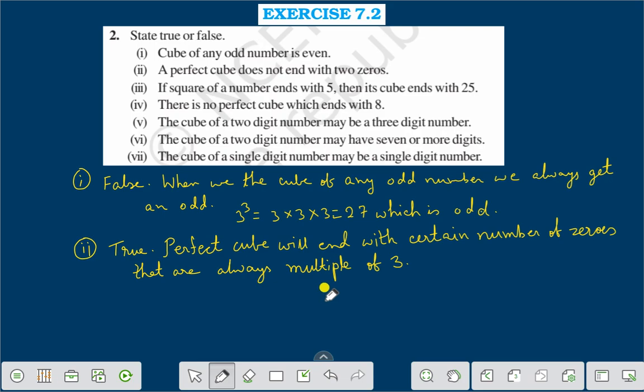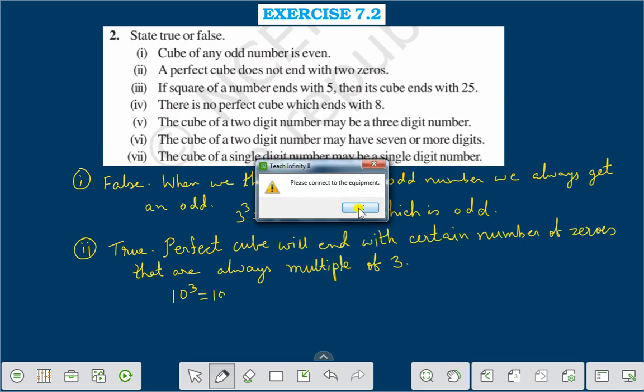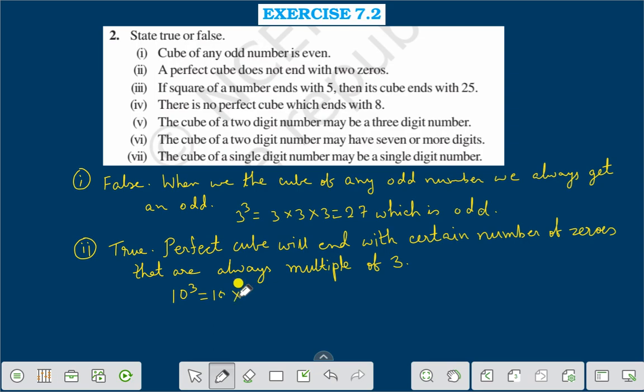Right? Multiple of 3. For example, cube of 10 is equal to 10 into 10 into 10, that is equal to 1000.